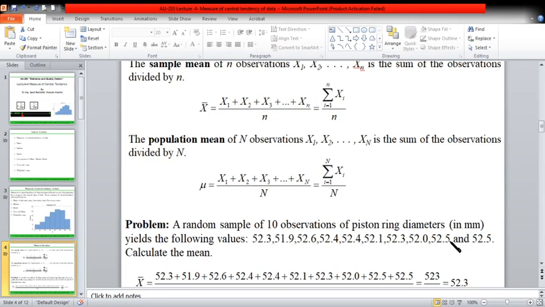If you have 10 values, an even number, you take the mean of the fifth and sixth values. So if your number of observations is even, then the median is the mean of the values at the fifth and sixth positions, and that would be the median of your data set.